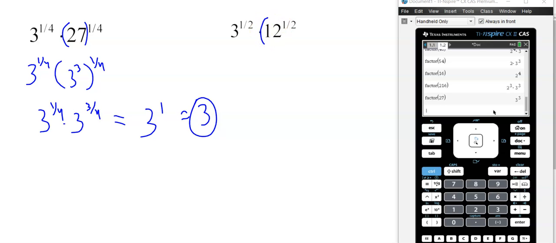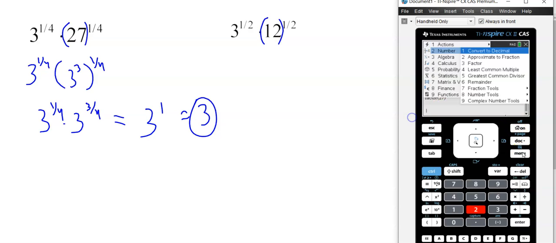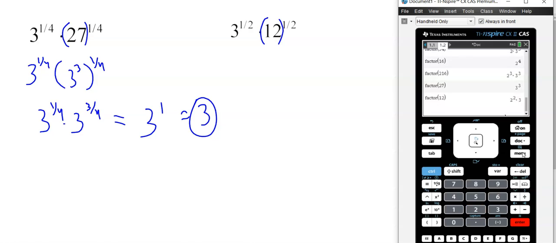This one again, the bases are not the same. Hopefully that'll simplify a little. So menu 2, 3, 12 is 2 squared times 3. So that's going to be a little bit simpler.